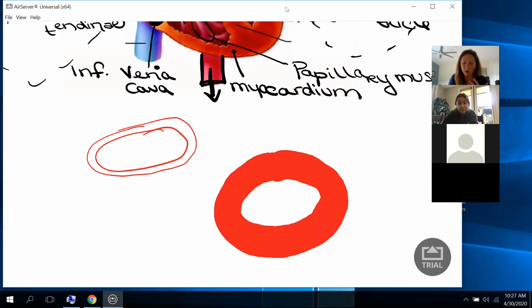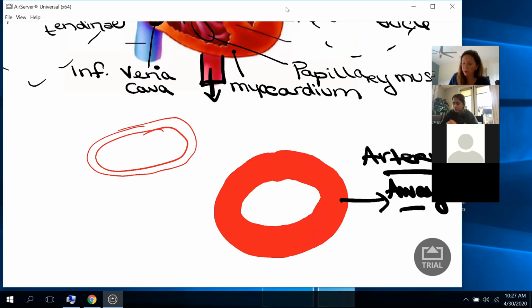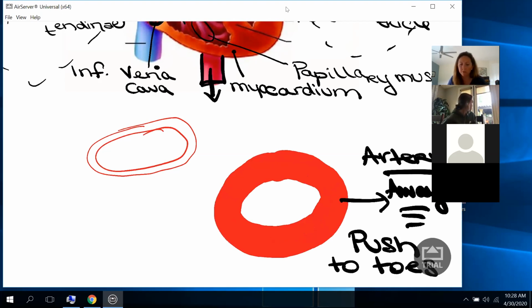They don't really have a narrower opening, but they do have a much more muscular wall in an artery because arteries are carrying blood away from the heart. And with the exception of the pulmonary artery, that means that they're carrying blood really far. So they need to have a massive amount of push so they can bring blood all the way down to the very, very tips of the toes, tips of the fingers, and so on. And therefore, they need to be more muscular to do that, okay?